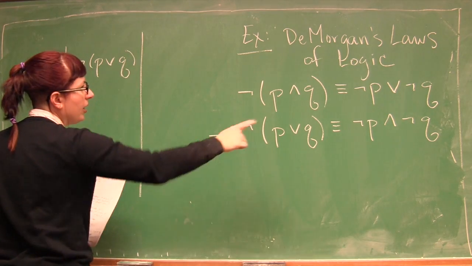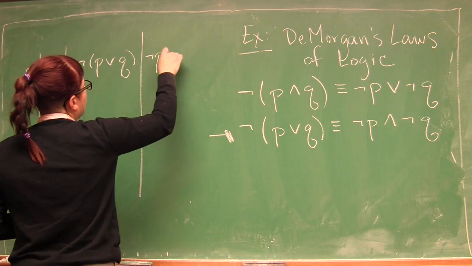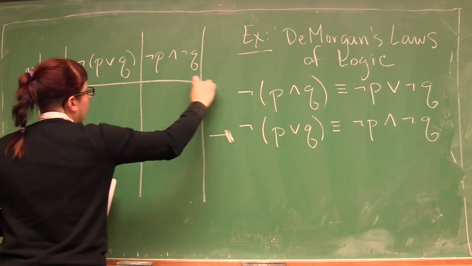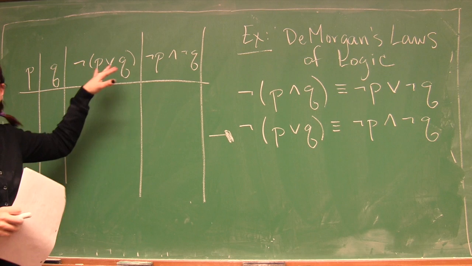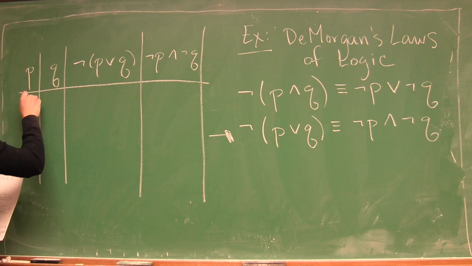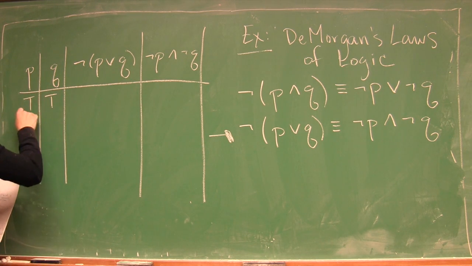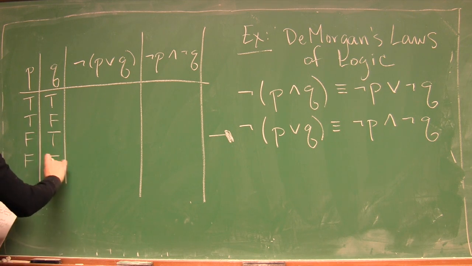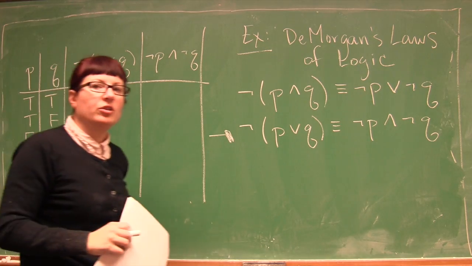And we also want to compare with not P and not Q. Since I don't have a lot of room, I'm going to skip the intermediate steps here. So we could have true, true, true, false, false, true, or false, false for our truth values of P and Q.